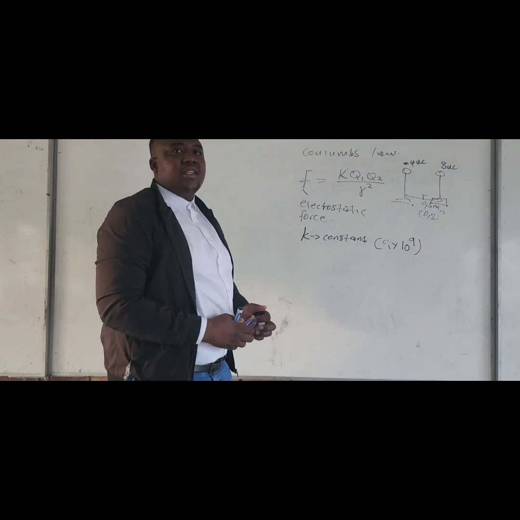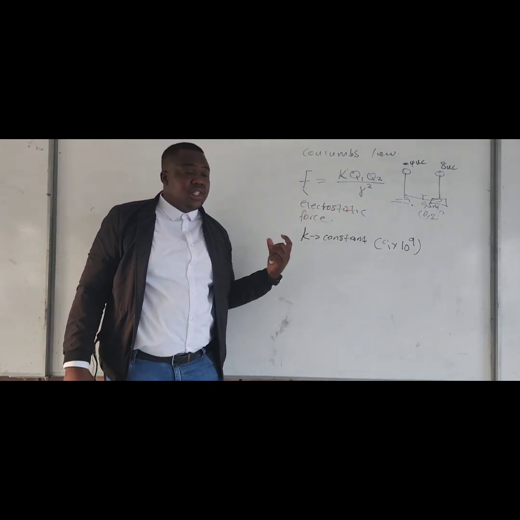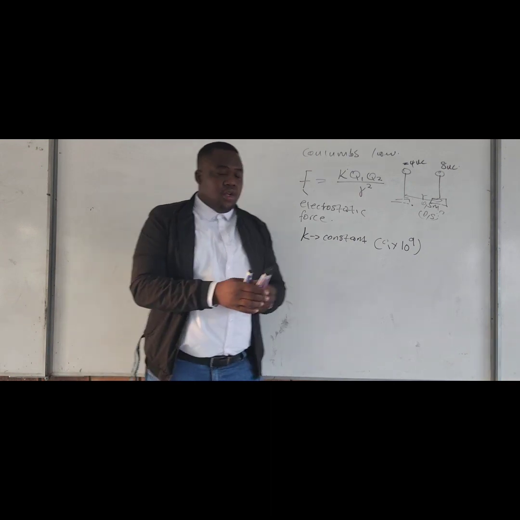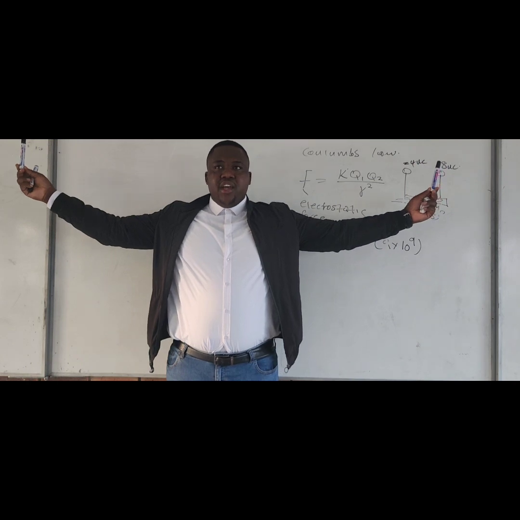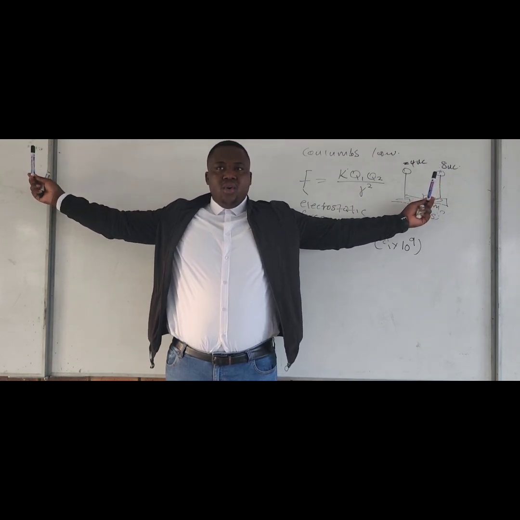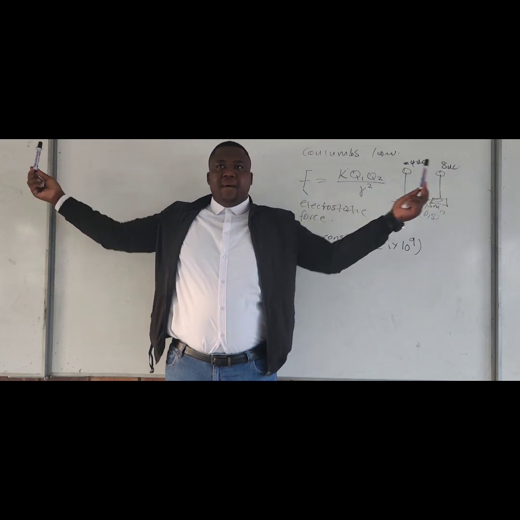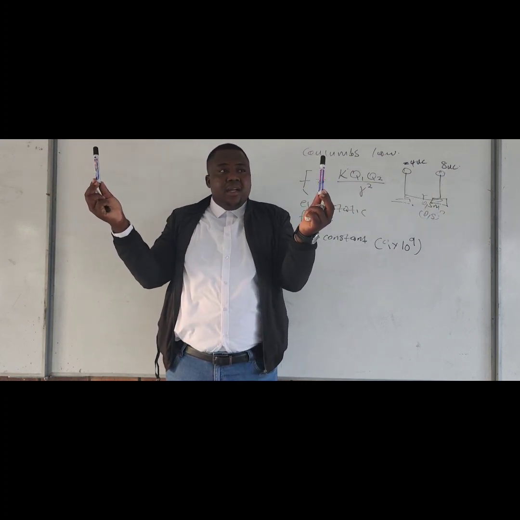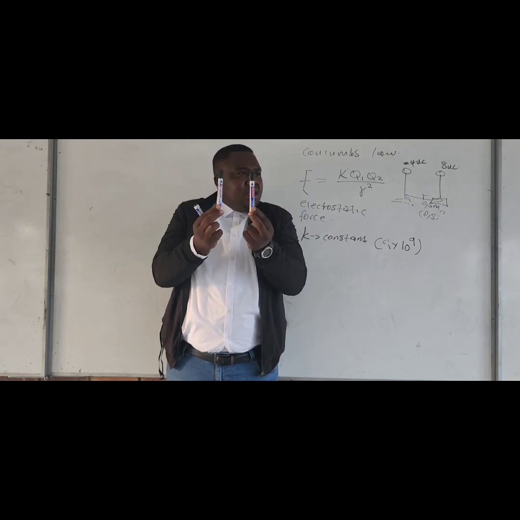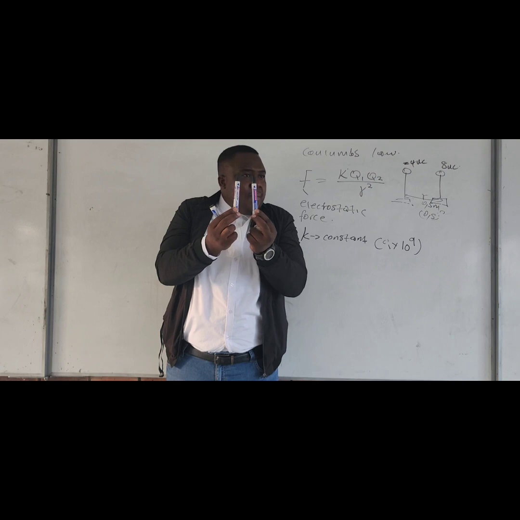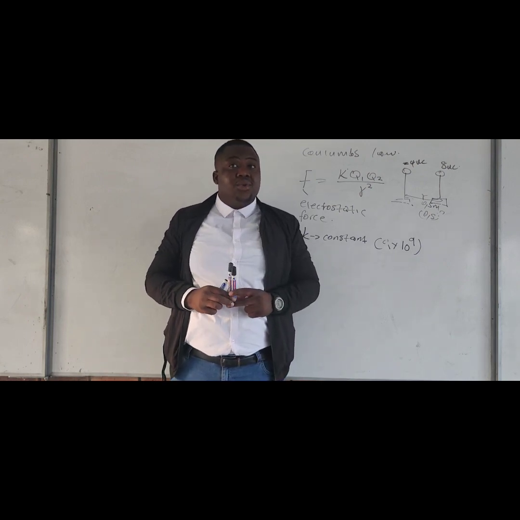As I told you, the electrostatic force is inversely proportional to the distance between the charges, right? As the charges move away, the force of attraction will be low because the charges are moving far apart, right? Yes. But as we bring the spheres closer together, the electrostatic force of attraction will increase, right?